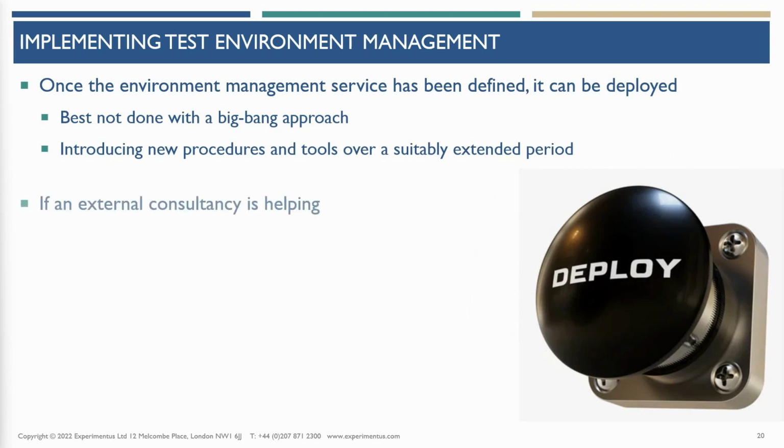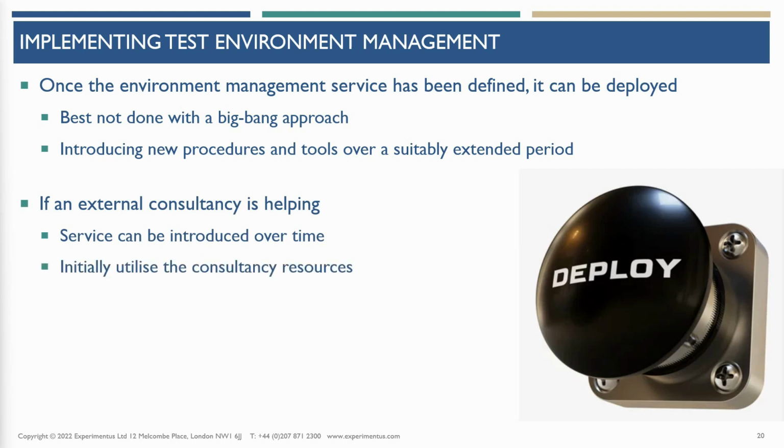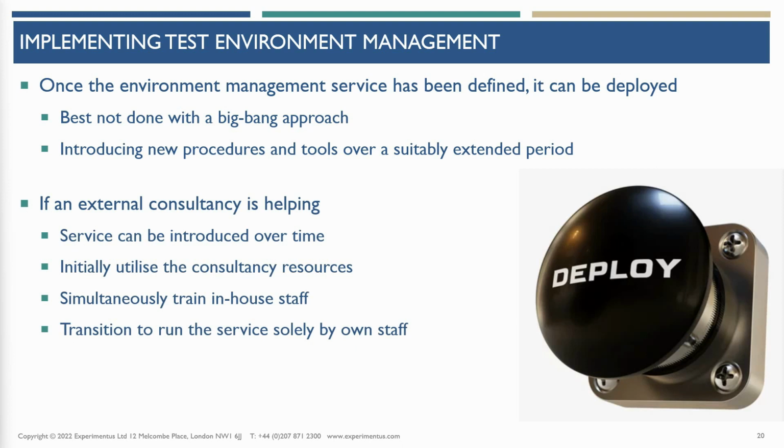If an external consultancy, such as Experimentus, has been employed to help define and deliver the new service, it can be introduced over time, initially by utilizing the consultancy resources to run the service, and simultaneously by training in-house staff to enable a transition to run the service fully by the organisation's own employees.